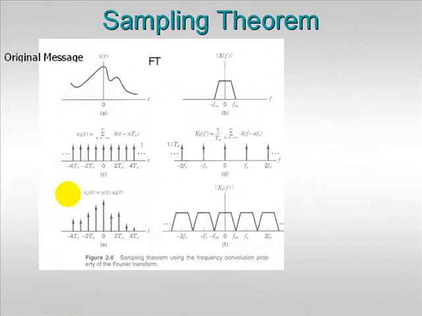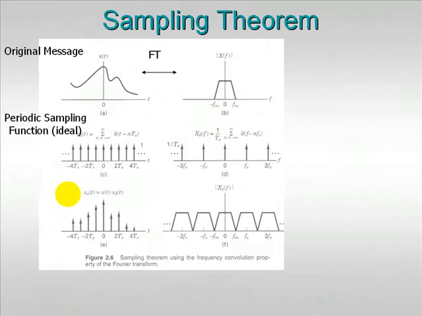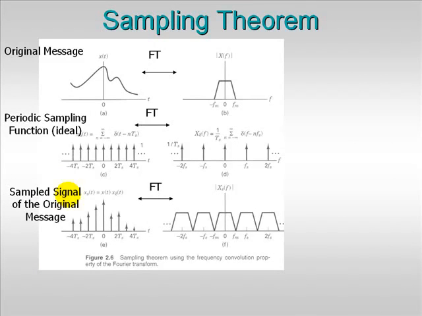So in summary, what we have is the original message and its corresponding Fourier transform, a periodic sampling function. In this case, we'll consider it as an ideal impulse train, and we have its corresponding Fourier transform. Then we have the sampled signal of the original message, and we see that its Fourier transform consists of multiple spectra of the original signal.